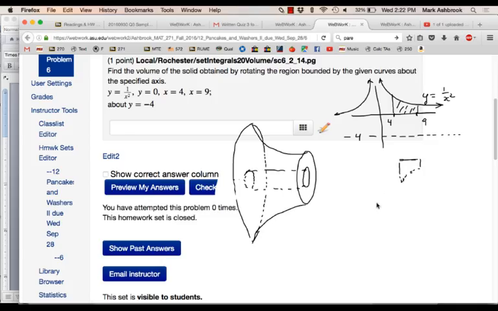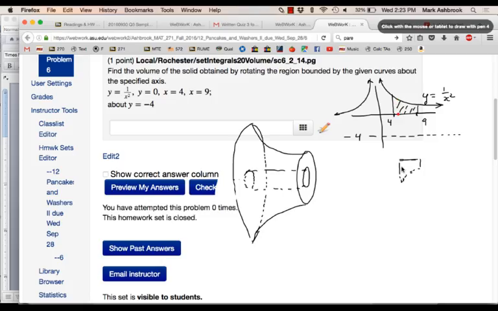Okay, so here we go. So we want washers. Is it going to be horizontal strips or vertical strips? If we did horizontal strips, we would get shells, right? But look at the disadvantage to that, because here's our height of our shell down here, but then up here we have a different shell to create.